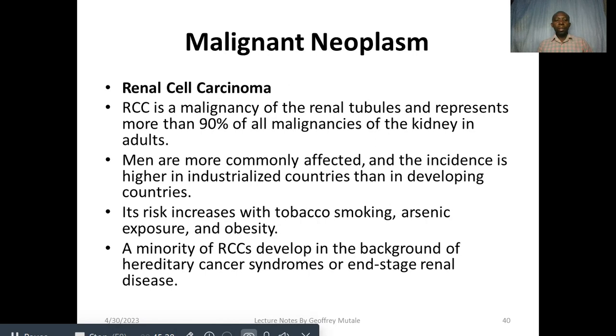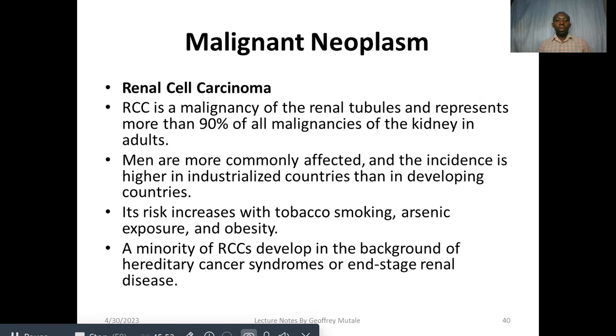Men are more commonly affected, and the incidence is higher in industrialized countries than in developing countries. I don't know the reason why, but that's what research has shown. Its risk increases with tobacco smoking, arsenic exposure, and obesity.